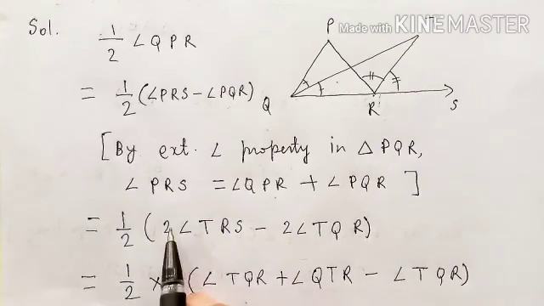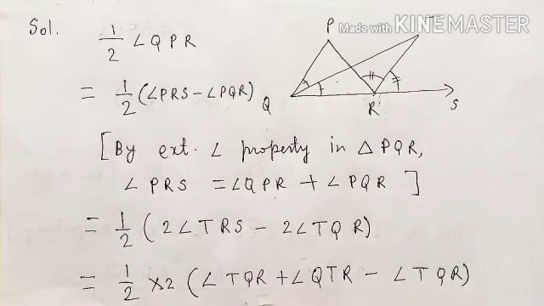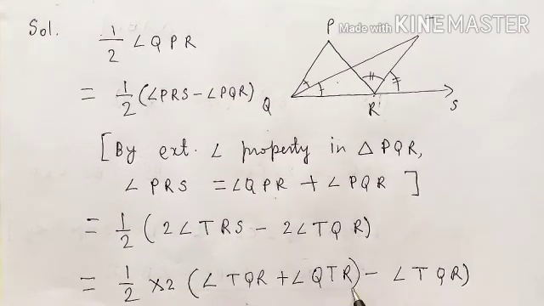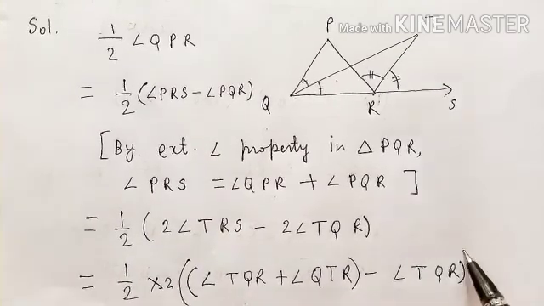See students, here 2 is taken common, then here we have angle TRS, and TRS is this one, angle TQR plus angle QTR, and this is angle TQR. 2 is taken common.